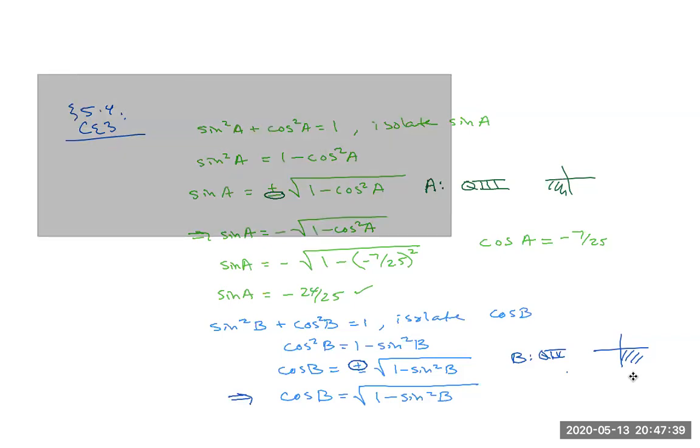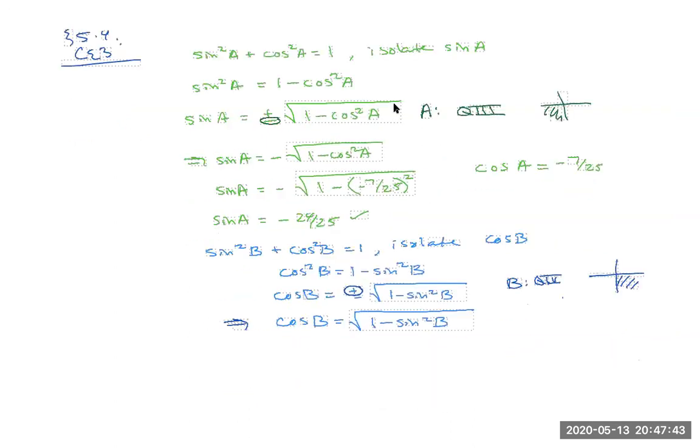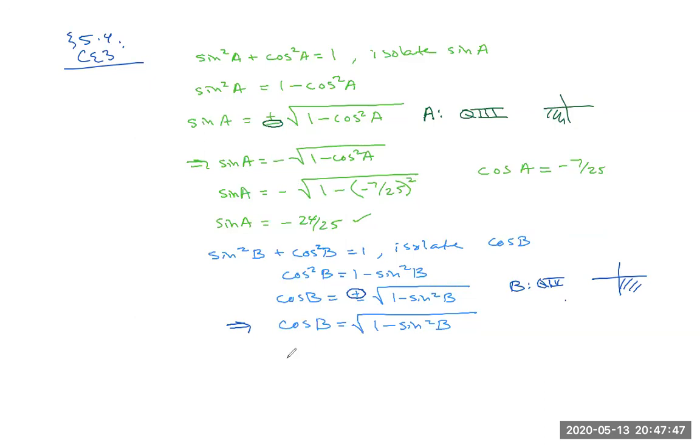Let's see if I can smoothly do this. Yep, okay, great. Okay, so then similarly, cosine B equals square root of 1 minus, recall that sine of B is equal to negative 3/5. So we're going to take negative 3/5 in parentheses and square it.